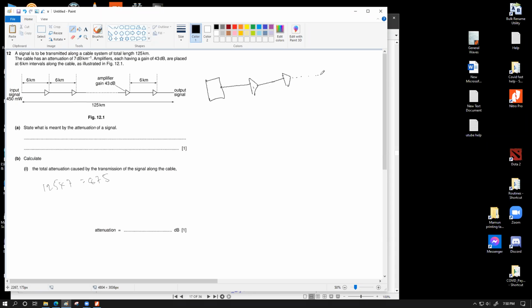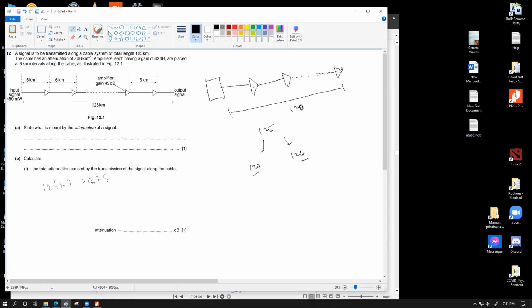So you go on like this, and because these are all 6 kilometer each, if you get the closest multiple of 6 to 125, it can be either 120 or 126. I've written the two multiples of 6. So if you consider that this is the amplifier, let's say this is 120 kilometers.